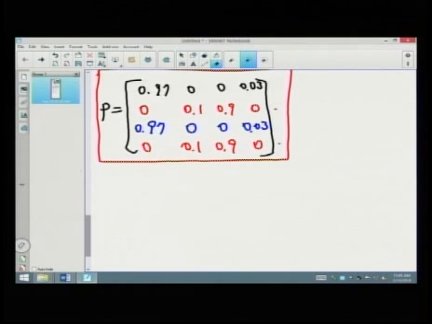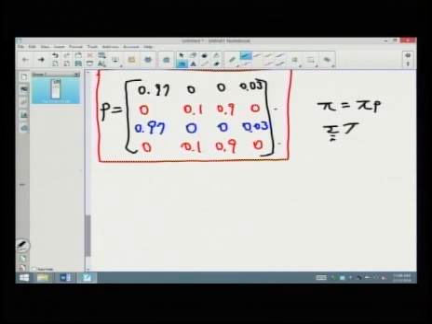So again, we are going to use pi equals pi P, and the sum over i of pi i equals 1, right? So we have pi 1, pi 2, pi 3, pi 4 equals 1.